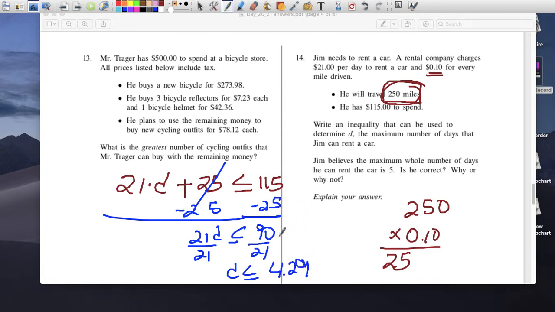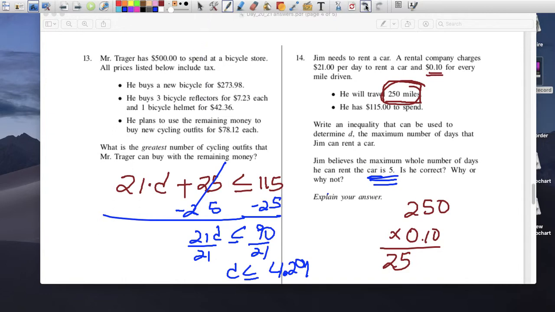So the greatest number of complete days that he can rent this car has to be 4. Anything above 4 complete days, it says complete days, not days and change. So the greatest number of days is 4, and then you can figure out how to answer that question.